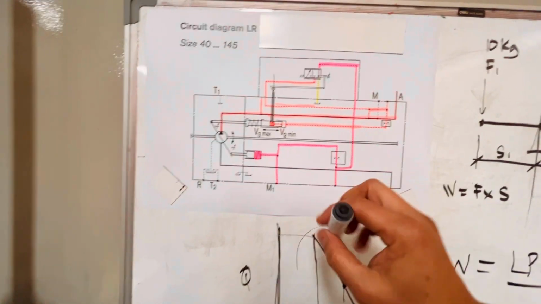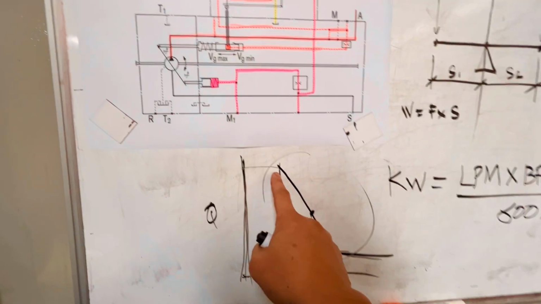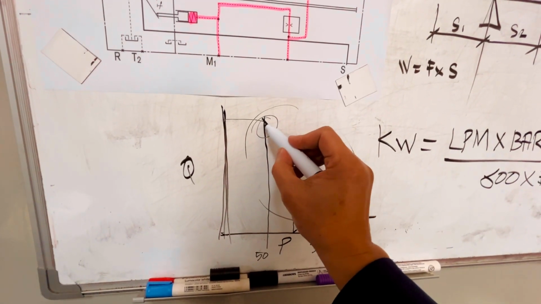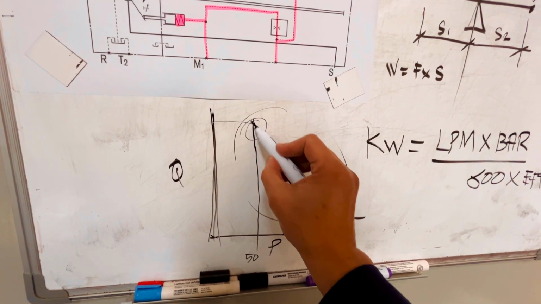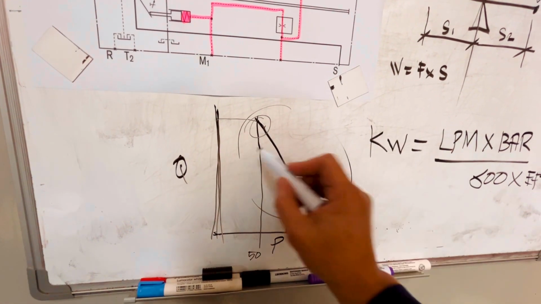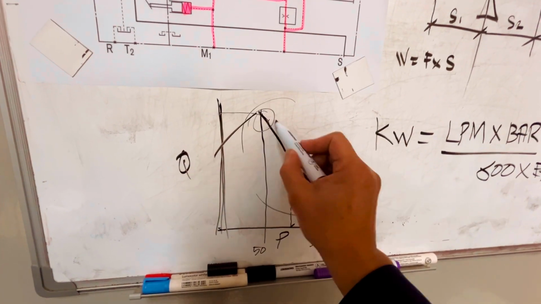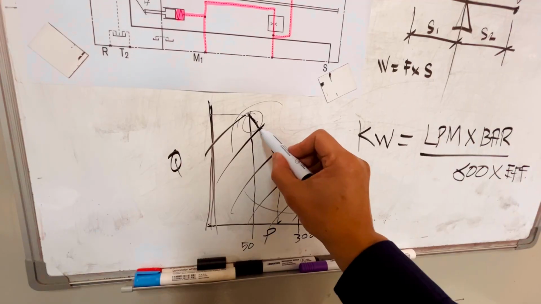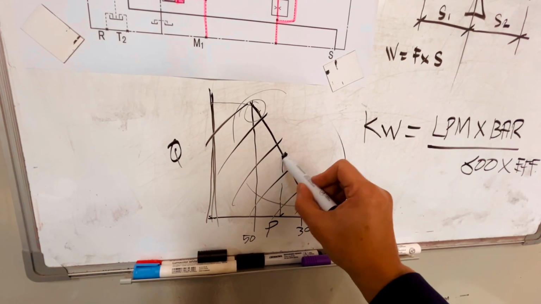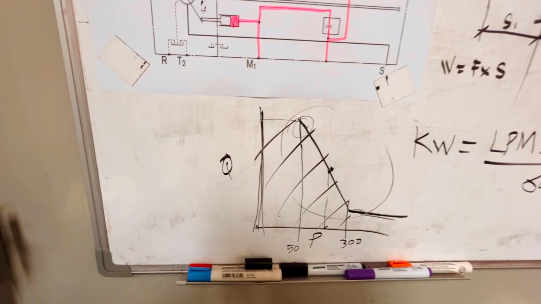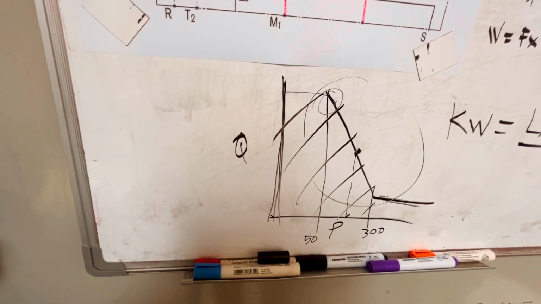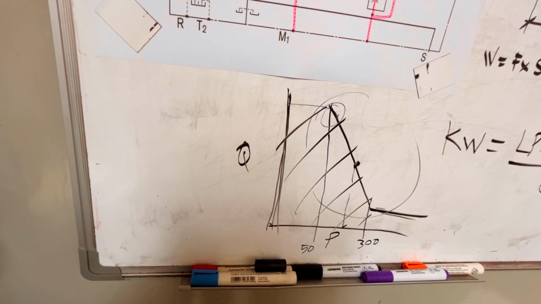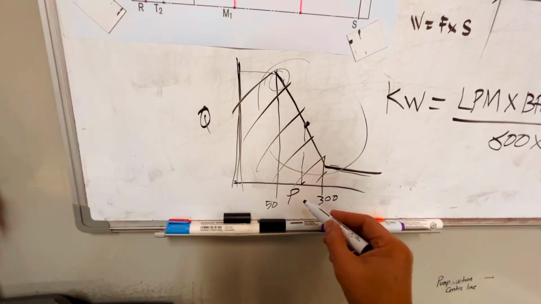Going back to this one. Once here, it starts regulation. So at 50 it starts to regulate, and the displacement is now getting smaller. Now from this point here, 300 less 50, divided by 2, plus 50, is 175, guys.